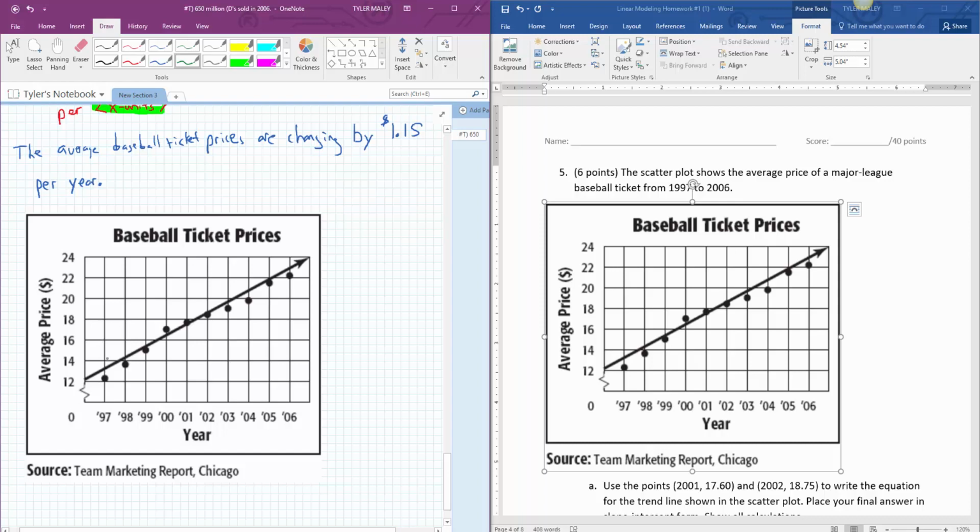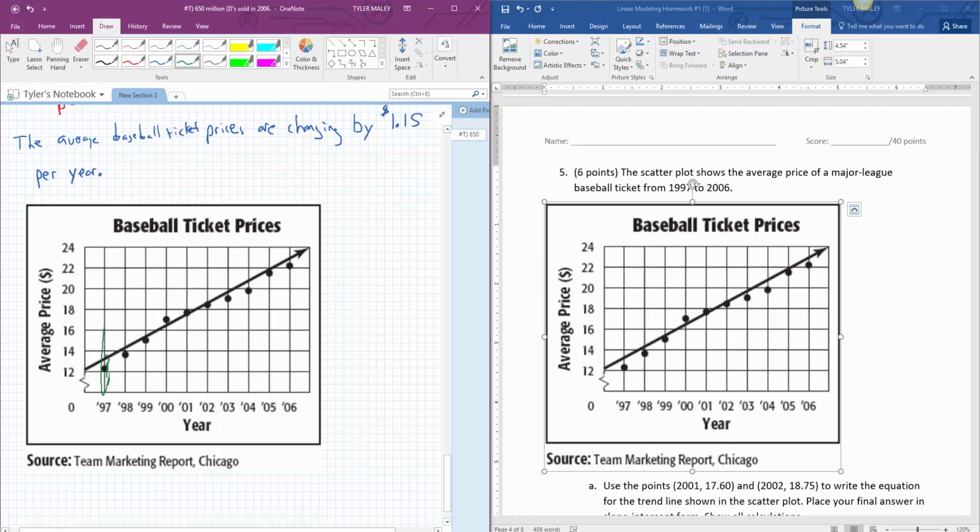If you notice, my lowest data point is 1997, and then the last data point I have is for 2006. So inside this green is where my data points fall, in between these green bars.